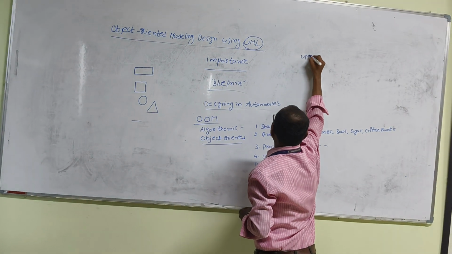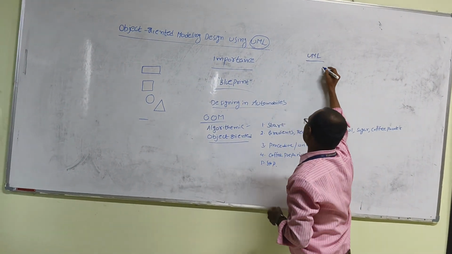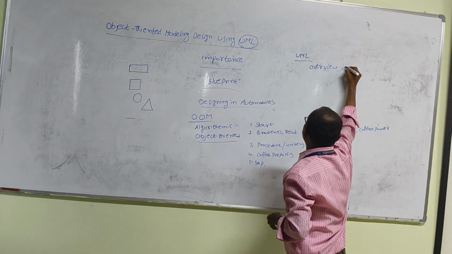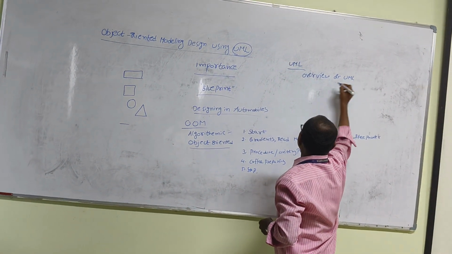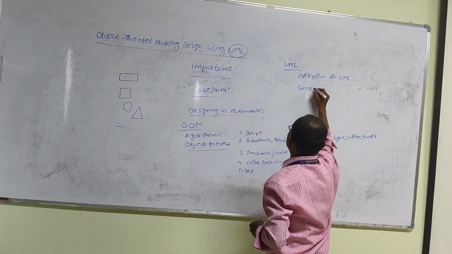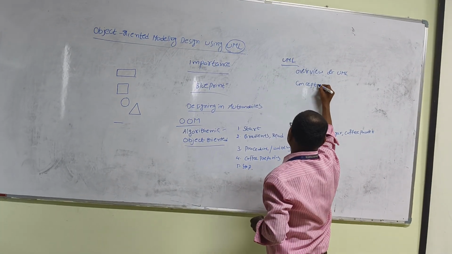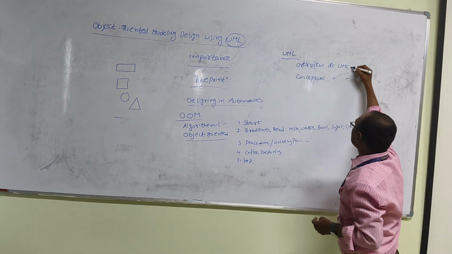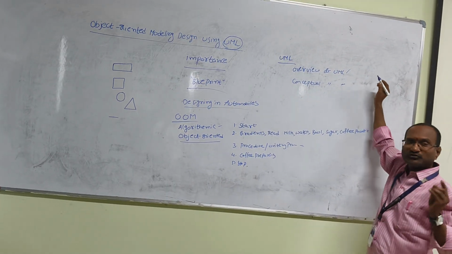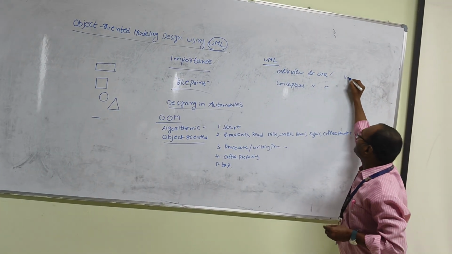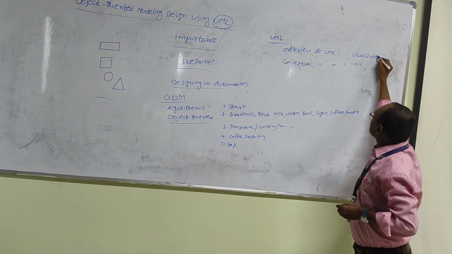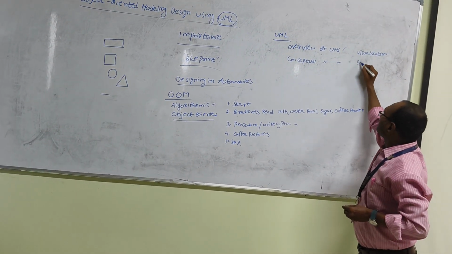Okay, next, UML concepts. In UML, mainly the overview of UML and the conceptual model of UML. The overview of the UML concept means mainly four steps are there. First one is visualization. Second one is specialization.